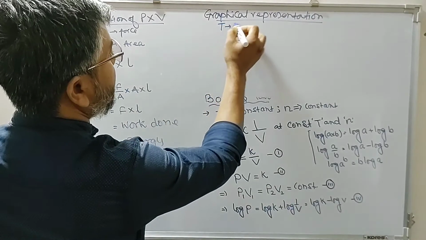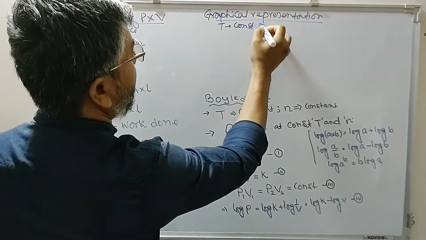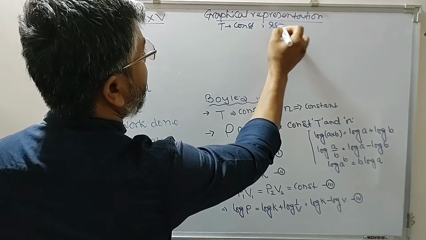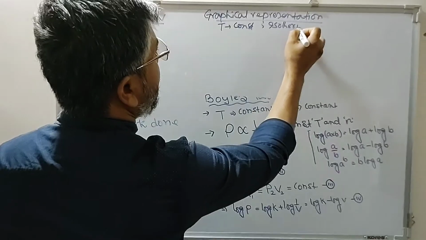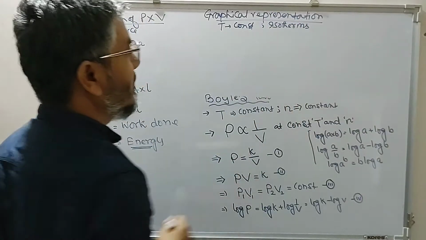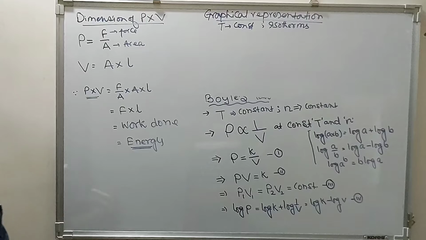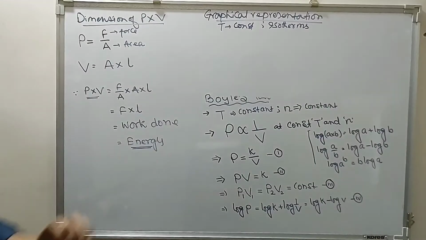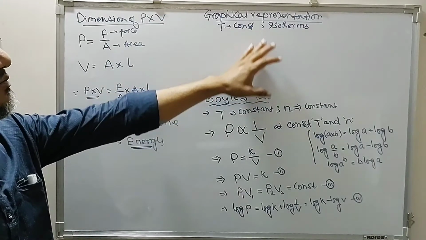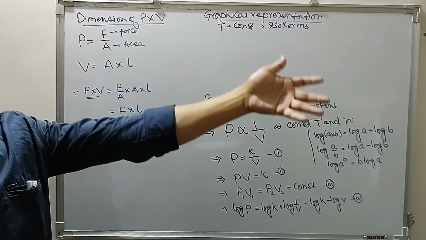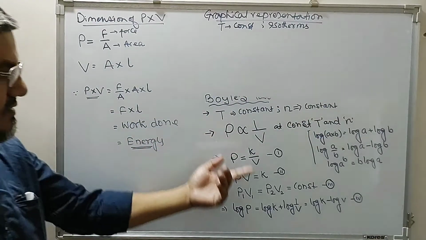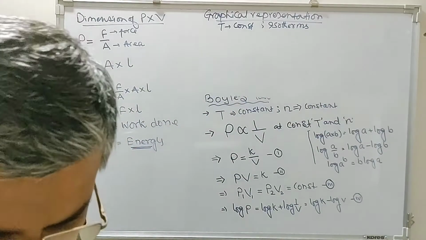Here temperature is a constant, so the graph is known as an isotherm. So the graph representing Boyle's law is known as an isotherm because of temperature being constant. So we have looked at these different equations.